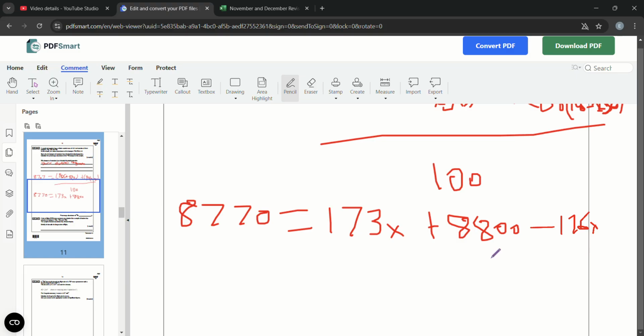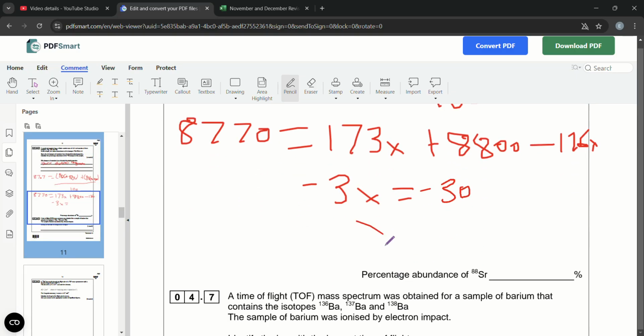So let's collect the x terms. 173 minus 176 is minus 3x, is equal to minus 30. Therefore x is equal to 10. Negatives cancel out and we divide by 3.